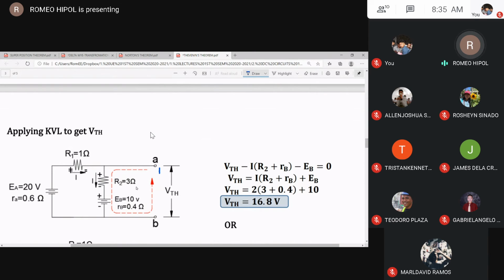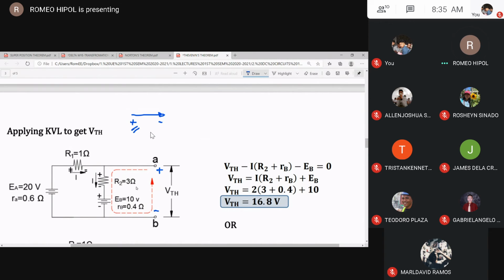So actually, if you're going to follow the conventional flow, ito yung positive, ito yung negative. Bakit? Kasi by following the conventional current flow, the current will leave the positive terminal of the supply going back to the negative terminal. Naintindihan?